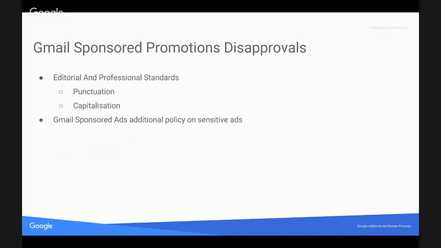Just let me follow up on that. Punctuation: what we're usually seeing in Gmail ads is an exclamation mark in the headline. That's the most common problem we get with Gmail sponsor promotion disapprovals.